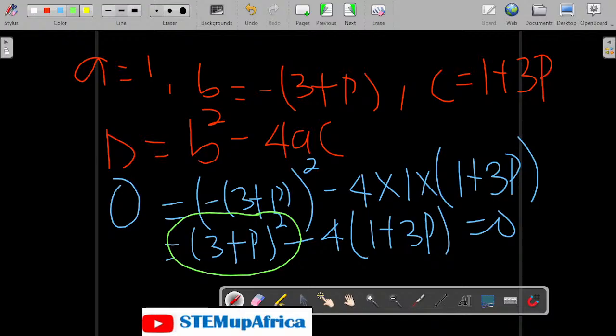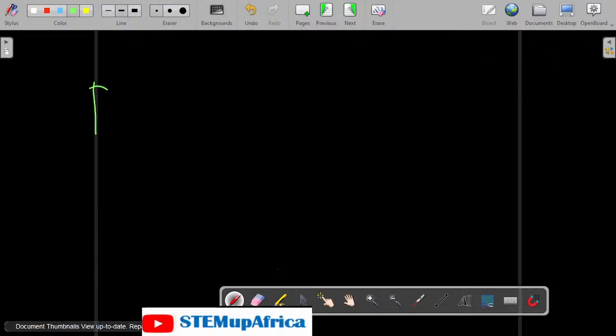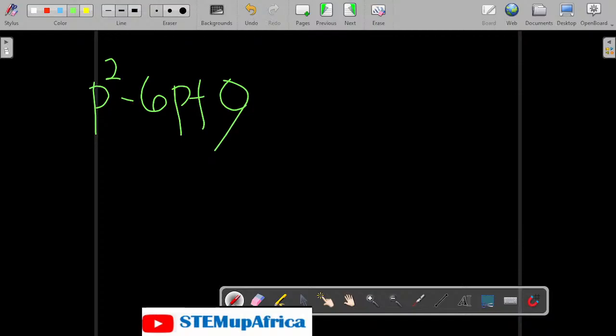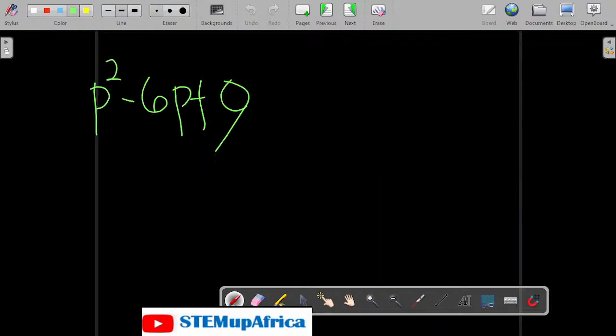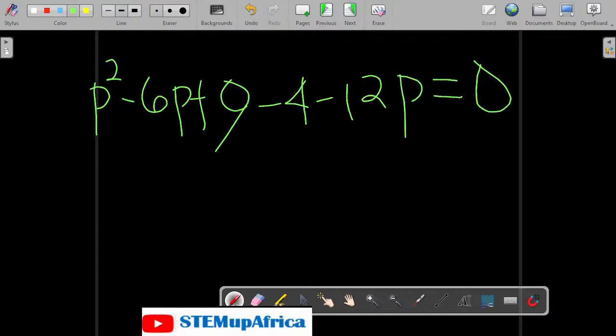Then I'm supposed to have p plus 3 into p plus 3. If you expand that, you're going to have p squared plus 6p plus 9. You can try that out. Then I will use minus 4 to open the bracket. That will give you minus 4 minus 12p, is equal to 0.